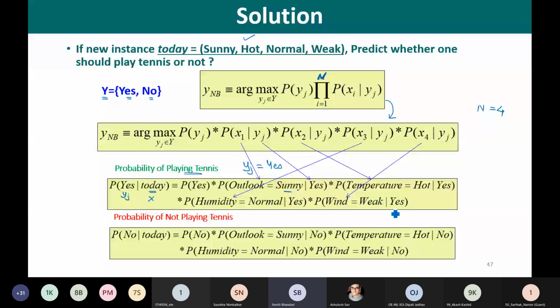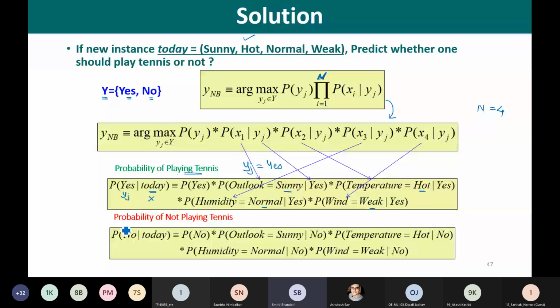We are considering the probabilities for the given attribute values. We want to predict whether one should play tennis or not today. What are the weather conditions for today? The outlook is sunny, temperature is hot, humidity is normal, and wind is weak. So this is how we are going to compute the probability of playing tennis.